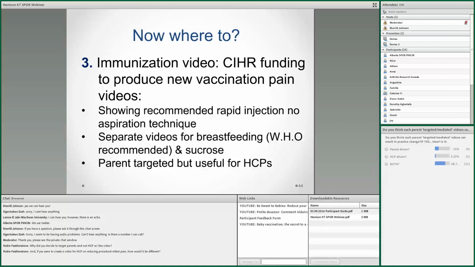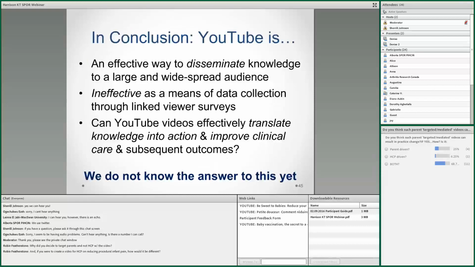Whereas maybe for healthcare providers, we really need to also show the actual injection technique and the positioning of the clinician, and include much more detail in terms of how these interventions help, what the mechanism is. But think about that, and I'd really like your feedback on this.